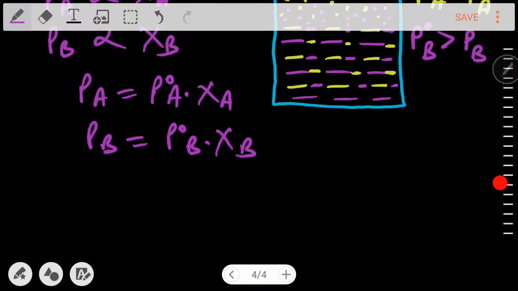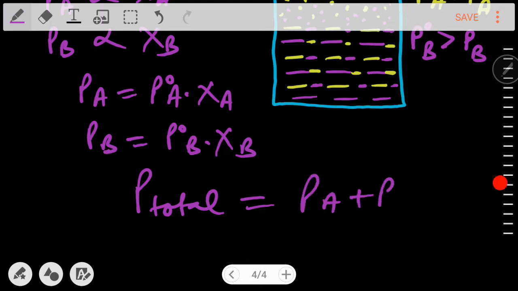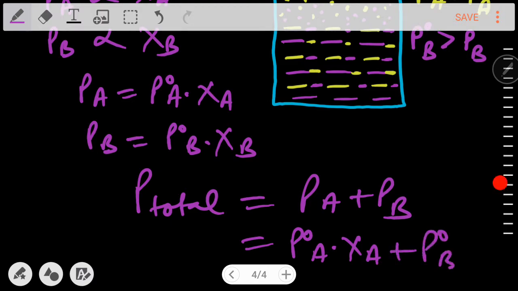The total vapor pressure will be equal to the summation of PA and PB. So it will be equal to P naught A into XA plus P naught B into XB.